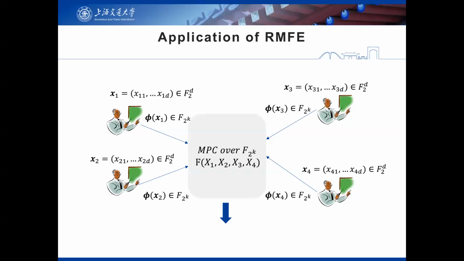Because we have this MPC protocol over a large field, we run it with these inputs x1, x2, x3, x4, and then we get the output f(x1, ..., x4). Then we map it back using psi, and we get D instances, and each instance corresponds to the output on x1, x2, x3, x4. So we run this MPC protocol once, and we actually get the outputs of all the instances.